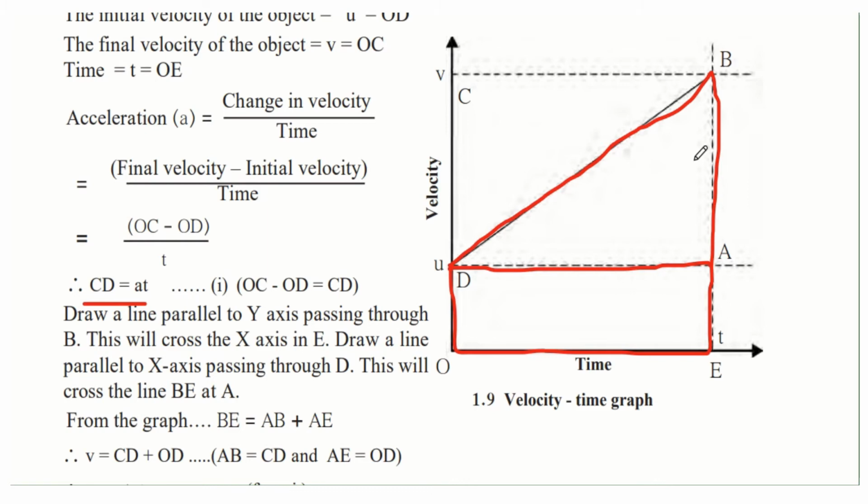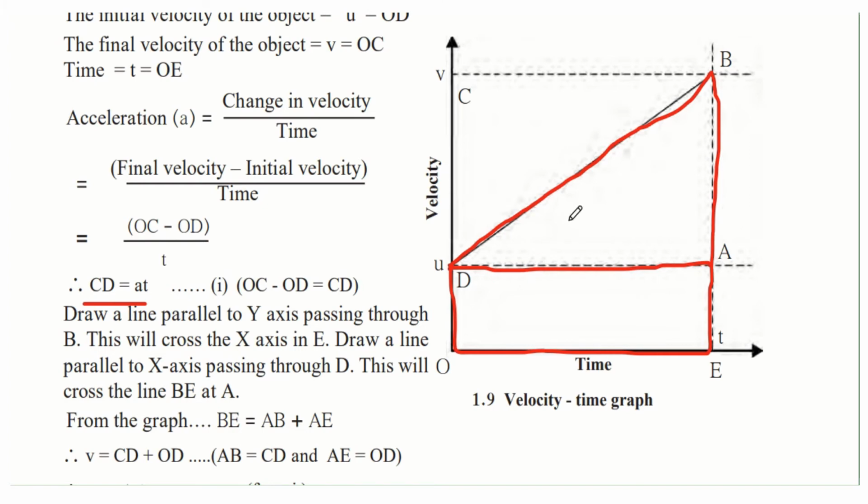To calculate the area of a rectangle, you have to do length into breadth. So it would be OE or DA, which is the length, into DO or AE, which is the breadth. And how would you find the area of a right angle triangle? We would get it by half into multiplying the sides that are making the right angle.